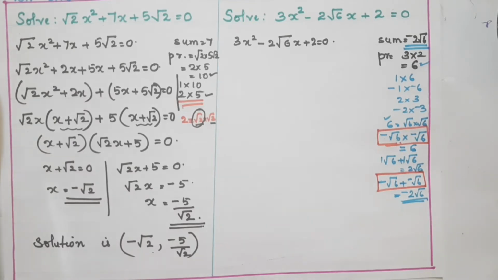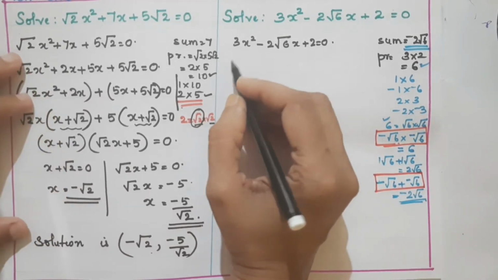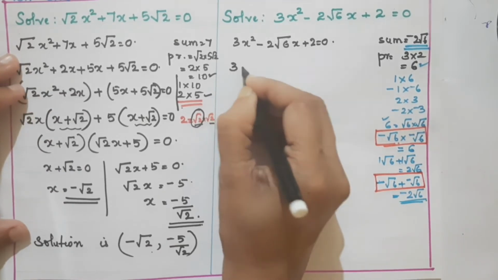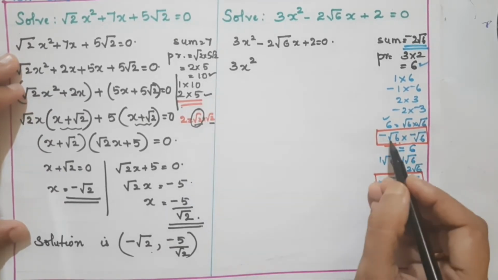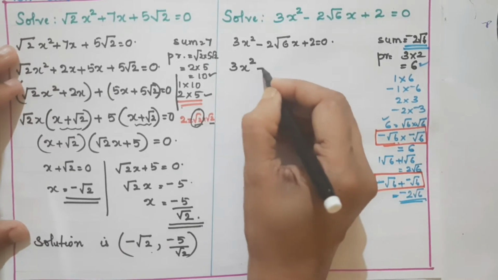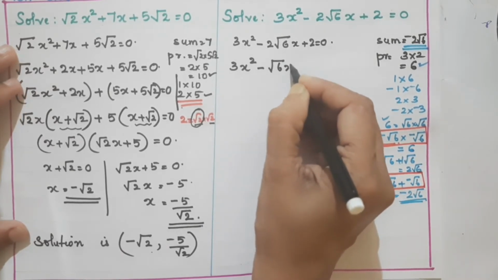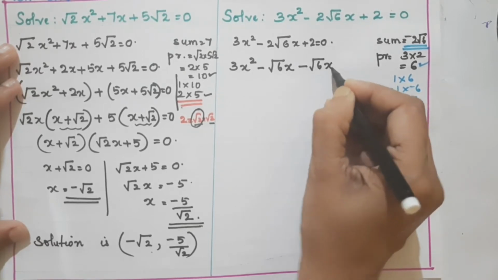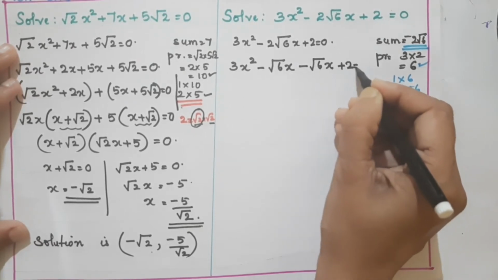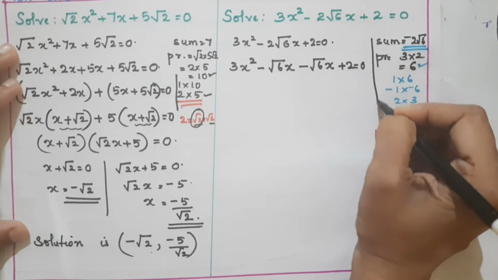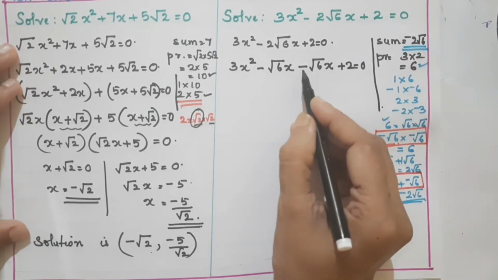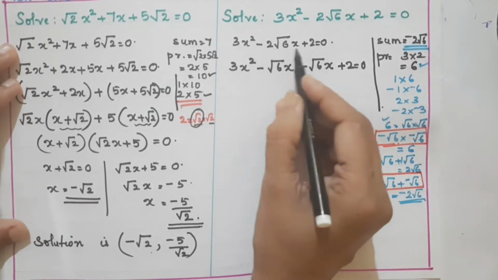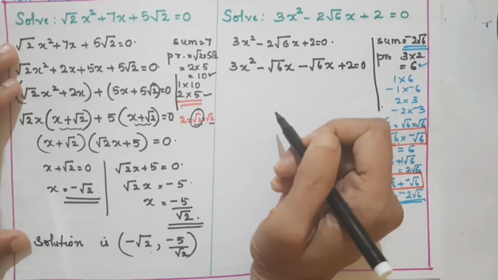Okay children, now we can split the middle term. 3x square, both are minus, so minus root 6x, again minus root 6x plus 2 equal to 0. Okay, minus root 6 minus root 6, minus 2 root 6x.